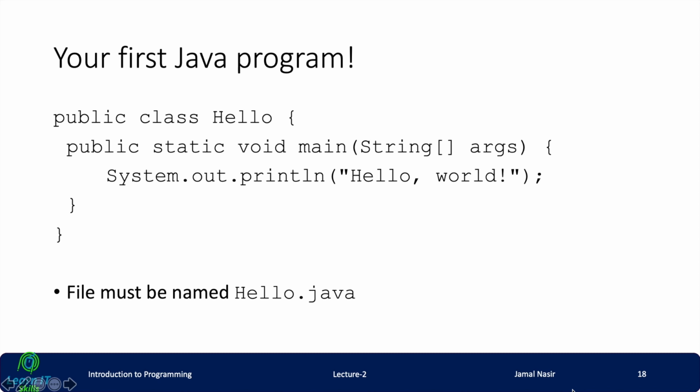And when we save this file, it must be named hello.java. This hello in the file name must match the class name. Okay, so this is very important, otherwise you would be getting syntax errors.